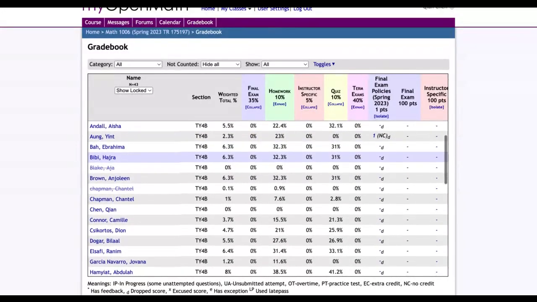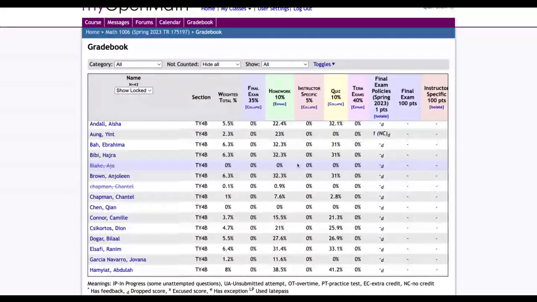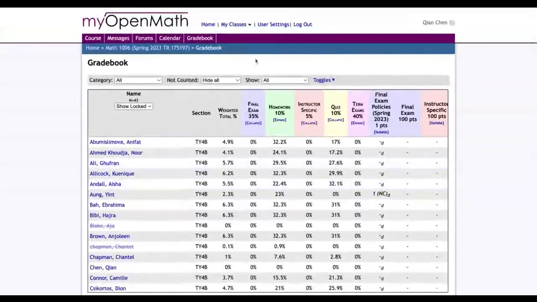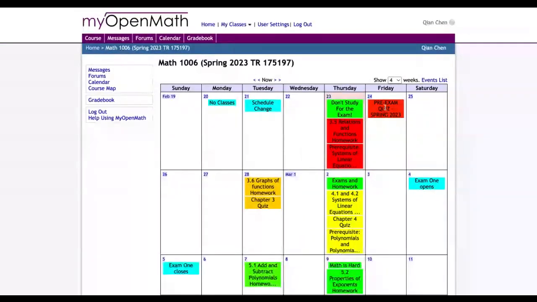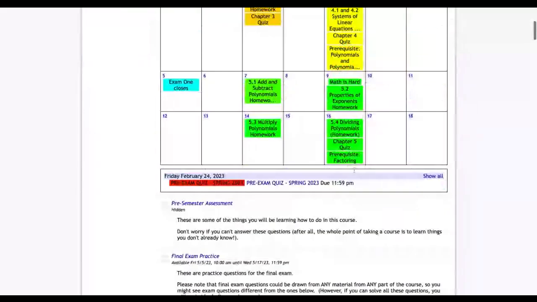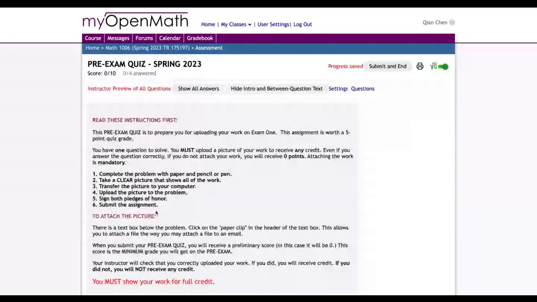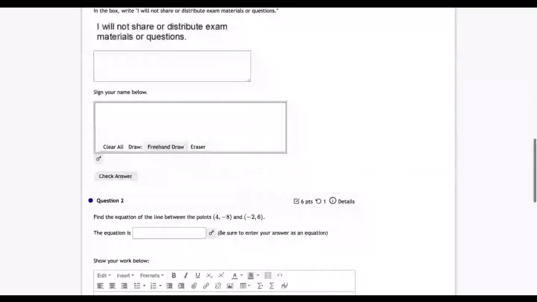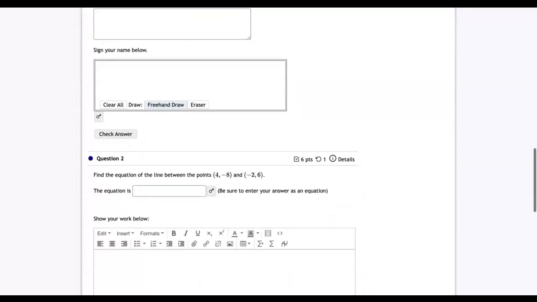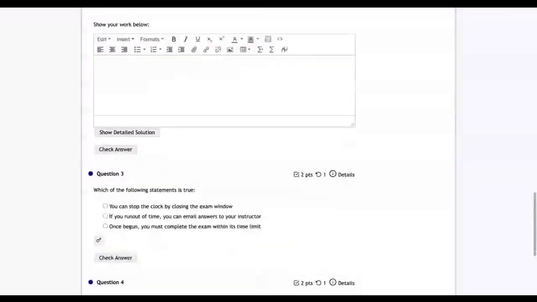Does that affect the grade itself? What is that? Let me understand. Let's go to the quiz. Yeah, after the signature thing, it said X, and then I got the actual question right. I uploaded my work, but then the two questions on the bottom, after question 2. Yeah, question 3.